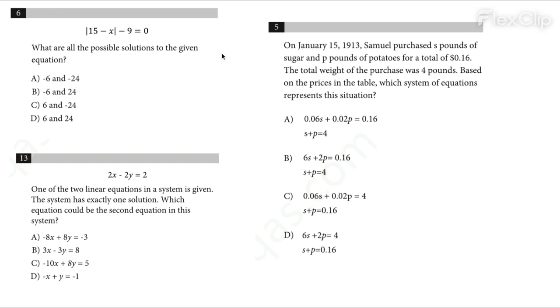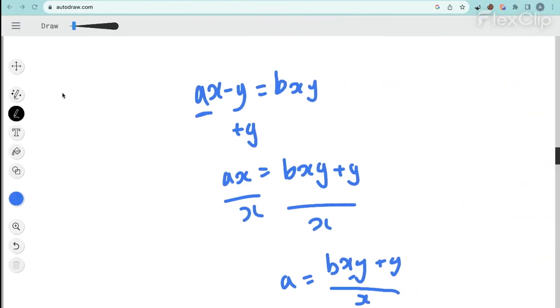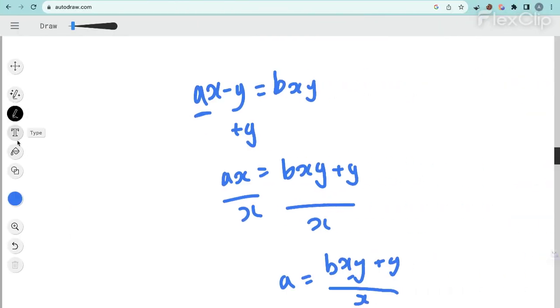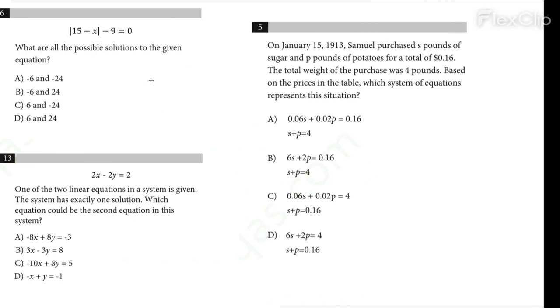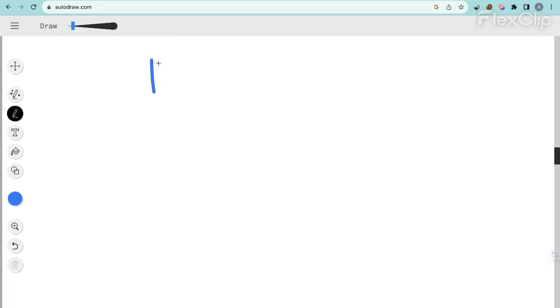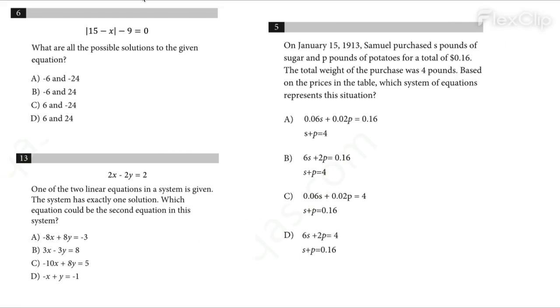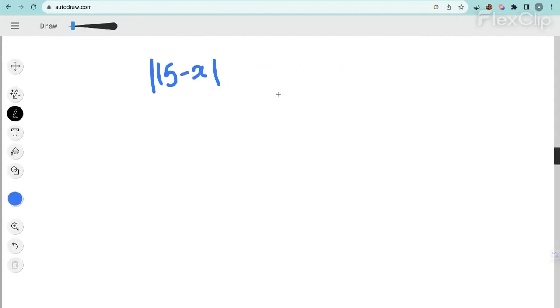All right, next one. Also really good. I'm very glad I got an absolute value question because the algebra for an absolute value question is just a little bit different. So when you have an absolute value problem, let's write it out. Your first job is to isolate everything that's not in the absolute value.